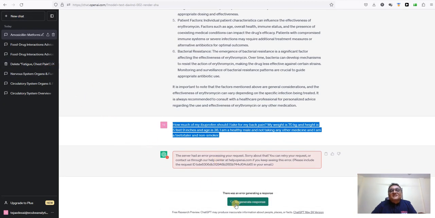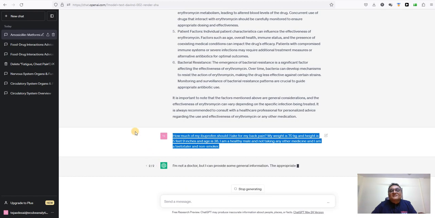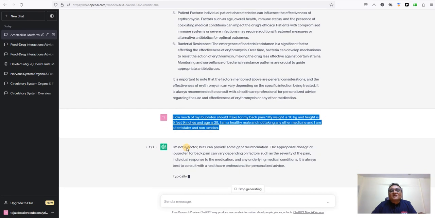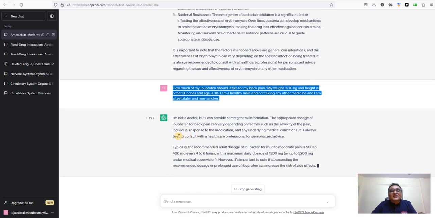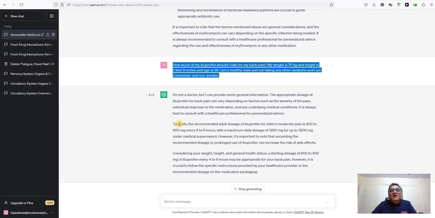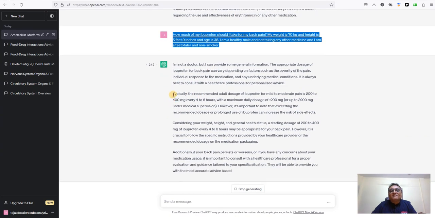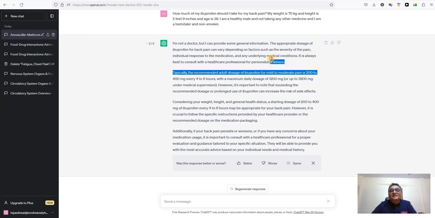It is important to note that exceeding the dosage can cause the risk of side effects. Now it is coming to my particular case, your weight, height, and health status. I think you should start with 200 to 400 milligram and repeat the dosage every 4 to 6 hours. Again, it is clarifying that it is crucial that you contact your healthcare provider before following this.